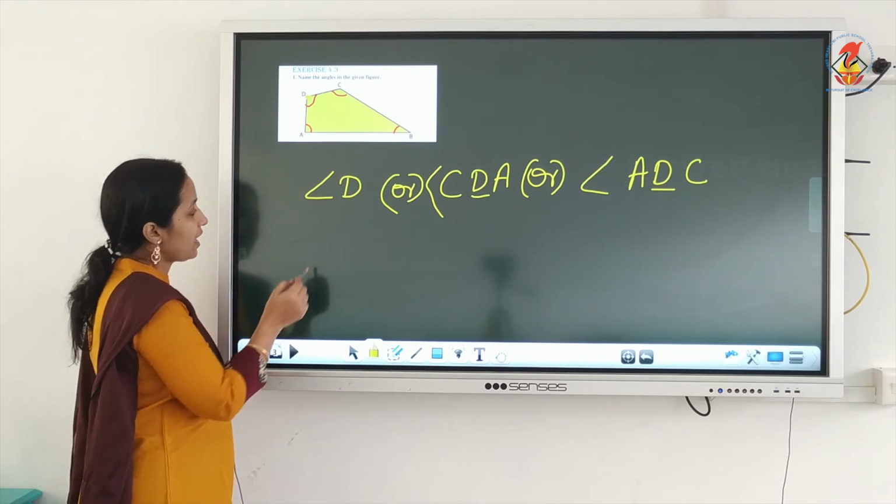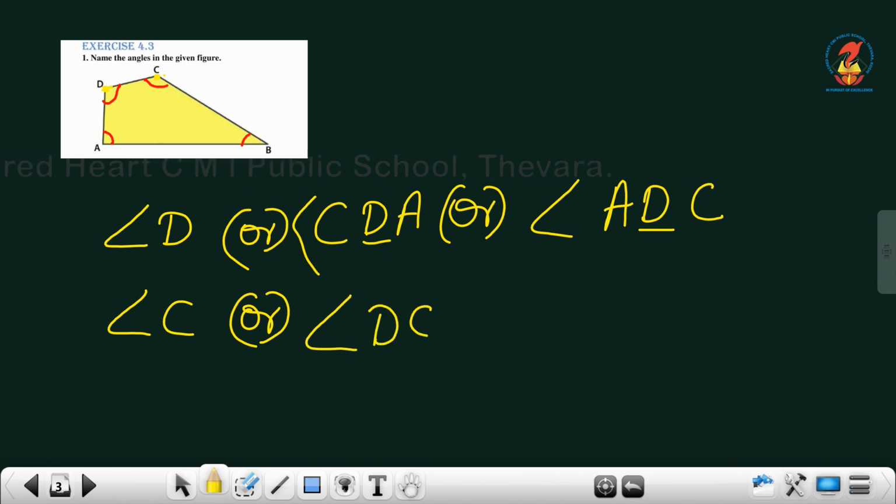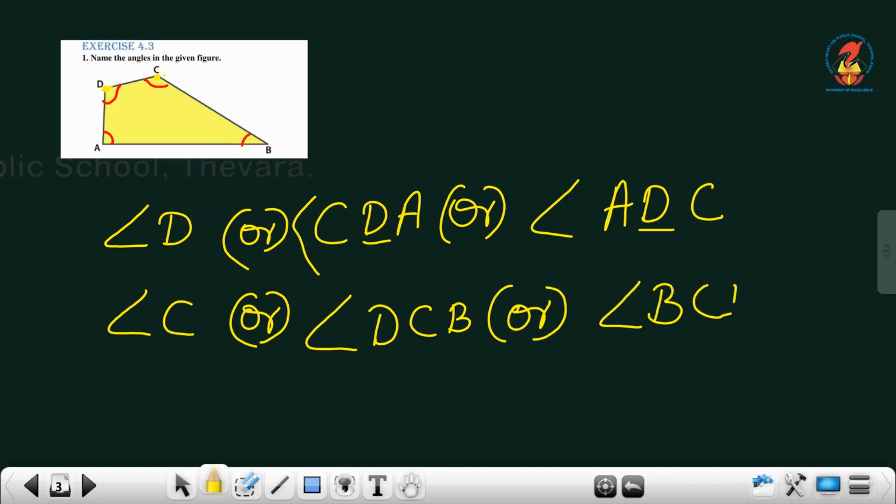Okay. Now which is the next angle? Angle C. How will we name it? Angle C is this, is it? So this side and this side belong to this angle. How will we name it? Angle DCB, or you can name it as angle BCD. I hope it's clear.